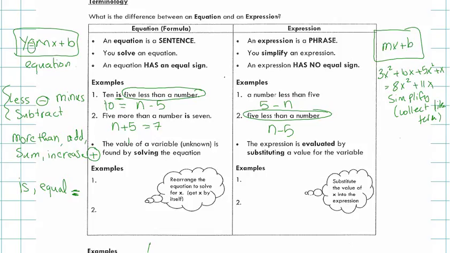Increase the sum. -3 plus 5 plus 6. That's right. So the sum of -3 and 5, this means -3 plus 5, right?